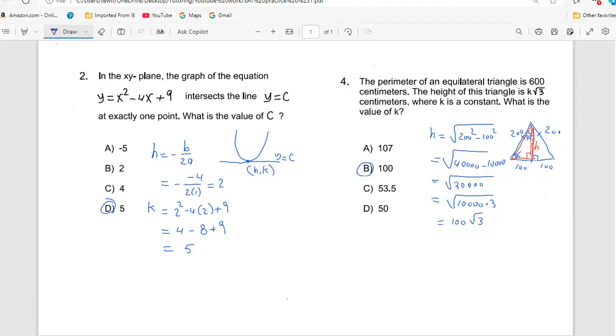So we have a 30, 60, 90-degree triangle, and one property of it is that the shorter leg equals half the hypotenuse. This is half of 200, so 100. And the longer leg equals the shorter leg times radical 3. So h equals the shorter leg multiplied by radical 3, and from here we find our answer, which is k. K is 100.